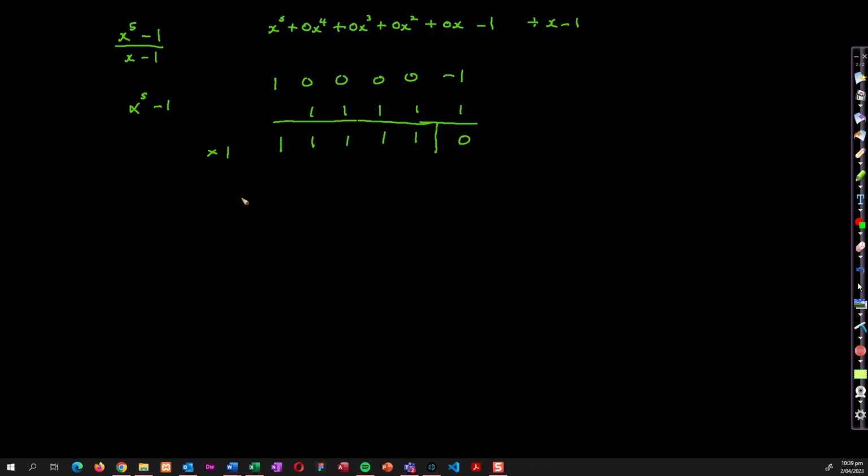So what that means is that x to the power of 5 minus 1 can be written as x minus 1 times 1x to the power of 4, plus 1x cubed, plus 1x squared, plus 1x, plus 1.